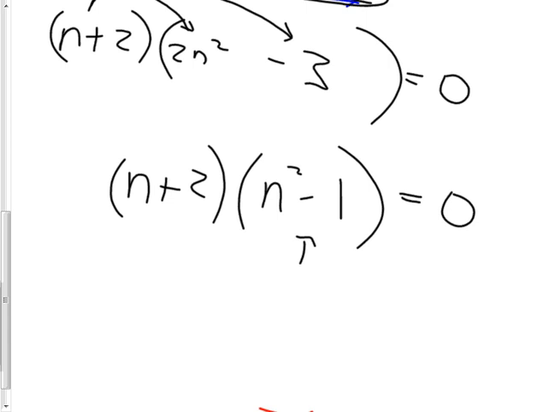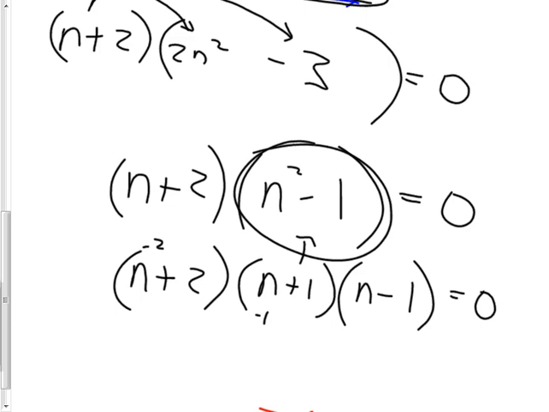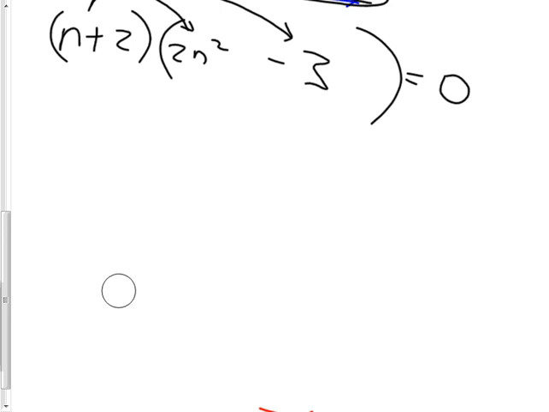I'm making up a new problem now. This is not what we had before. If I had this problem, though, I'd have to factor that last to n plus 1 and n minus 1. Remember that? Okay, don't forget that. So this is not factored all the way yet. Now I'd have my answers. Negative 2 would be here, negative 1, and positive 1. Okay, for that problem. That was just a little aside because I know it's important.